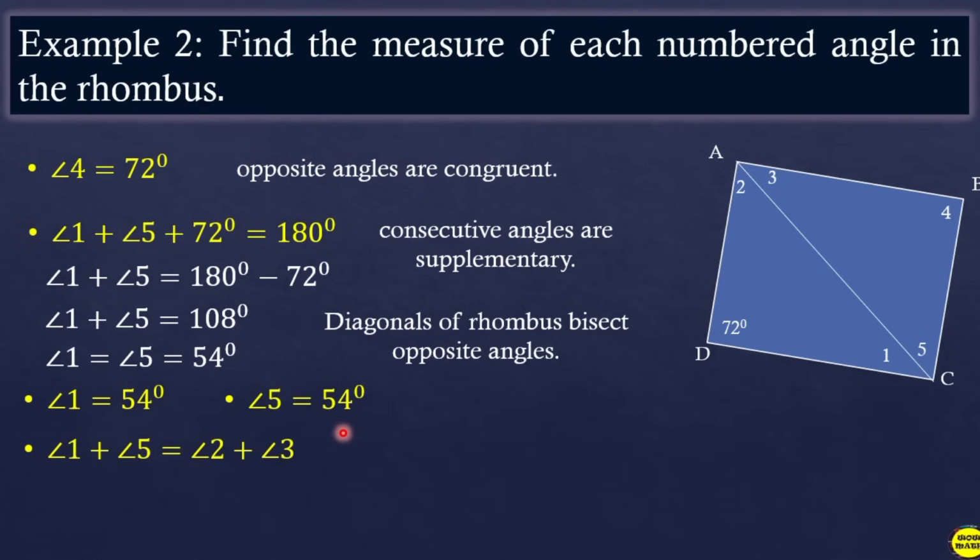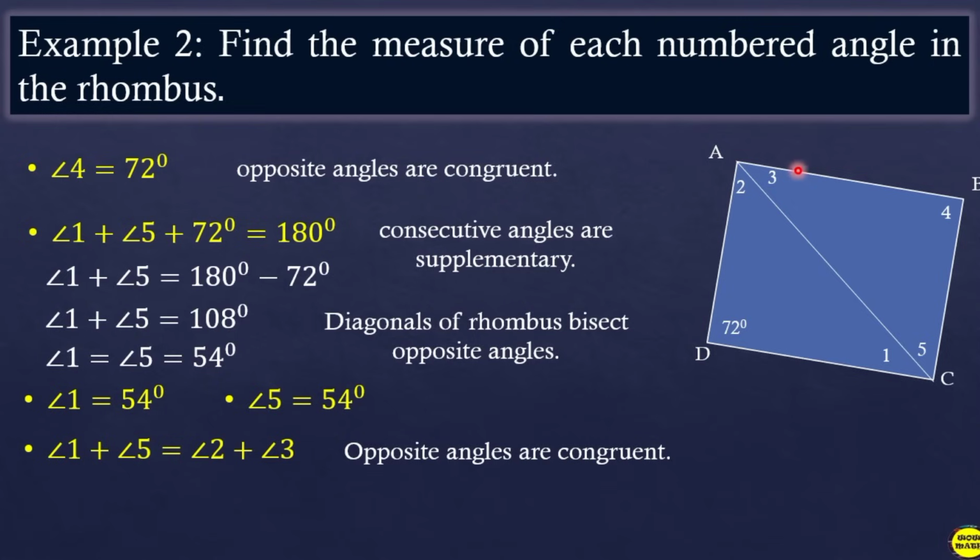Next. So, we have here angle 1 plus angle 5 is equal to angle 2 plus angle 3. Okay. So, anong pwede nating sabihin dito? That opposite angles are congruent. So, itong si angle C natin, which is your angle 1 plus angle 5, is congruent to your angle A, which is the sum of angle 2 and angle 3.